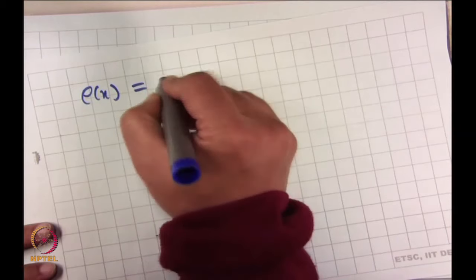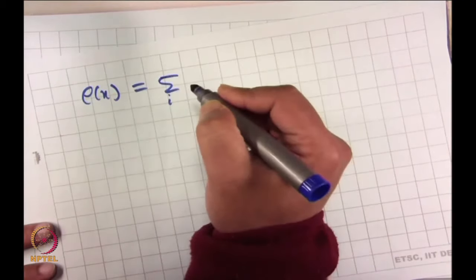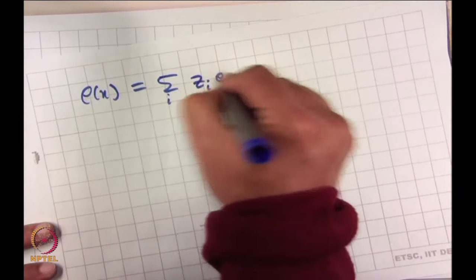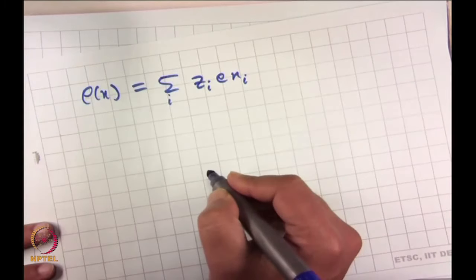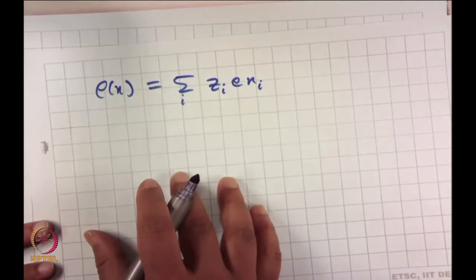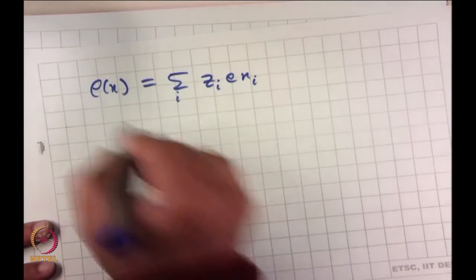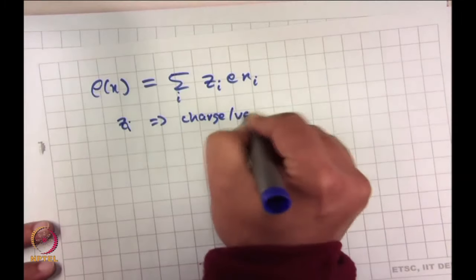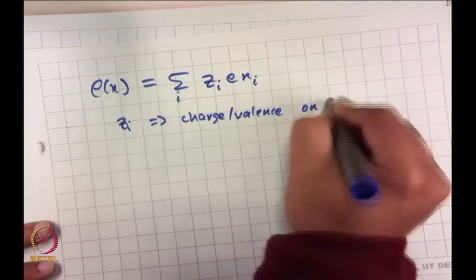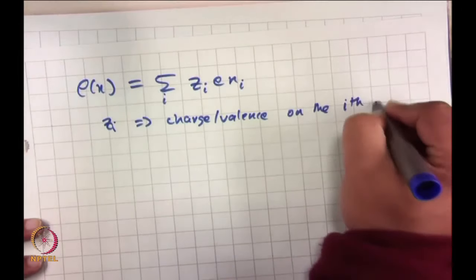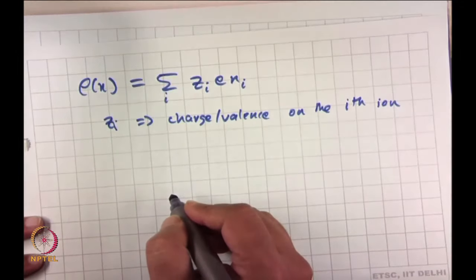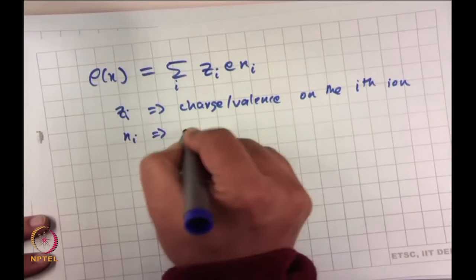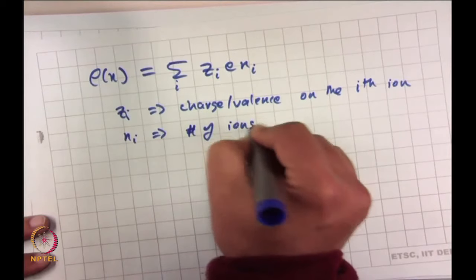That means I can write the sum over i of z_i e n_i, where z_i is the charge or valence on the ith ion, and n_i is the number of ions.